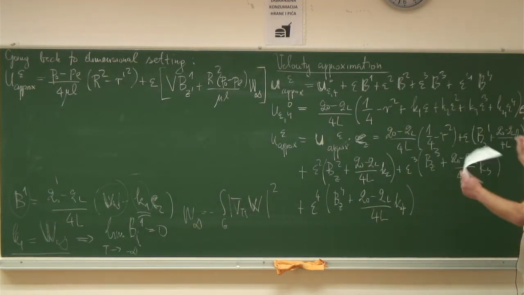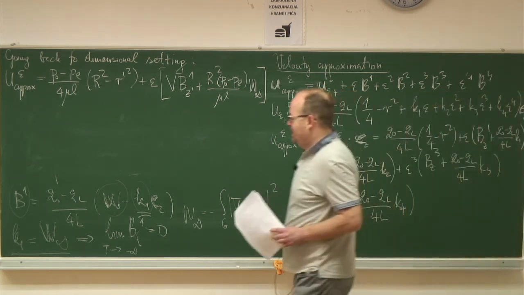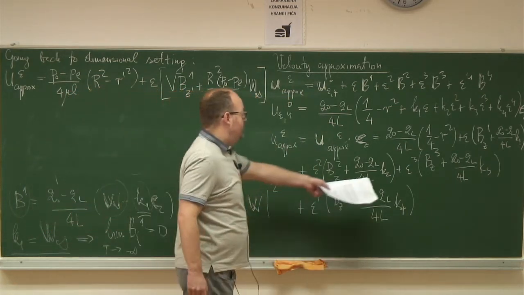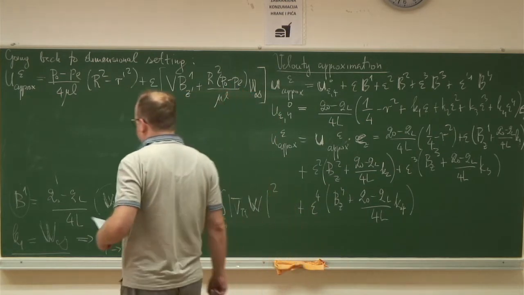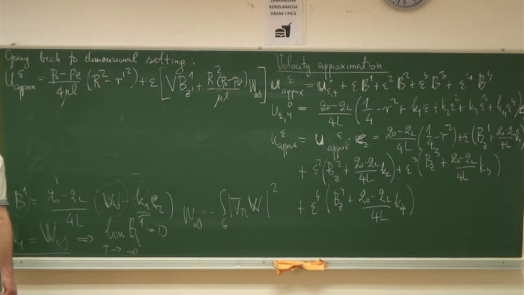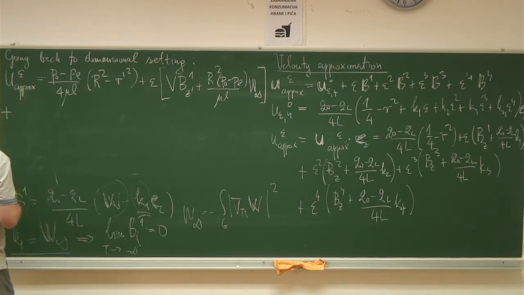We go back to dimensional setting. So K1 was chosen to be this stabilizing constant. Now for K2, we obtain something else that is linked to new auxiliary problems and correspondingly to new stabilizing constants.